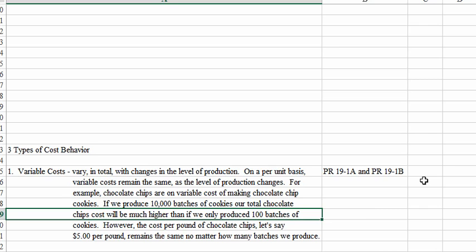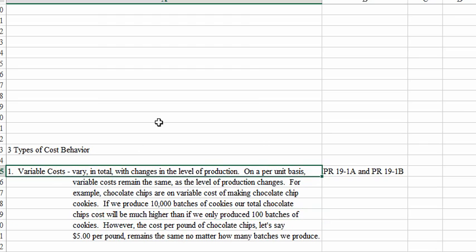So direct materials would always be a variable cost. Direct labor is also a variable cost, because if production increases to the point where we need to run a second or third shift, then direct labor costs would be much higher than if we're only running one shift at the factory, right? So direct materials and direct labor would always be variable cost.